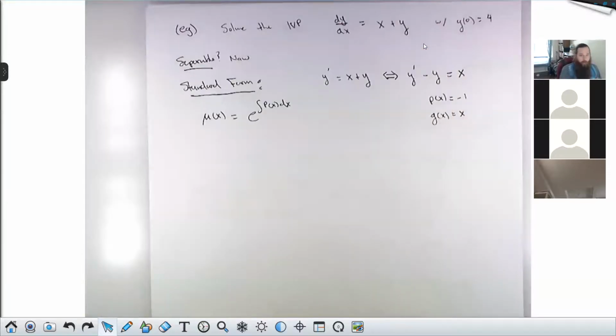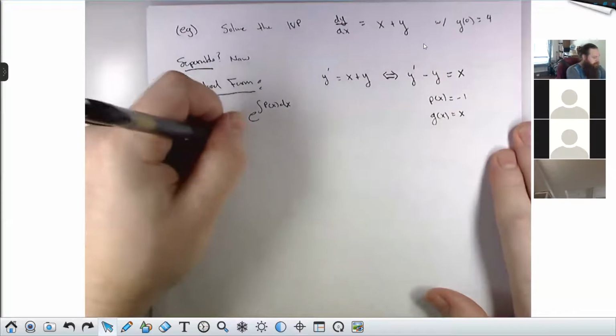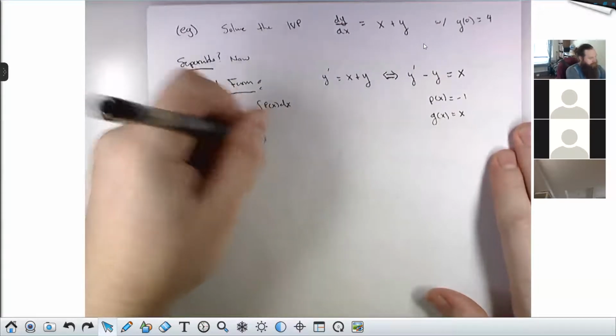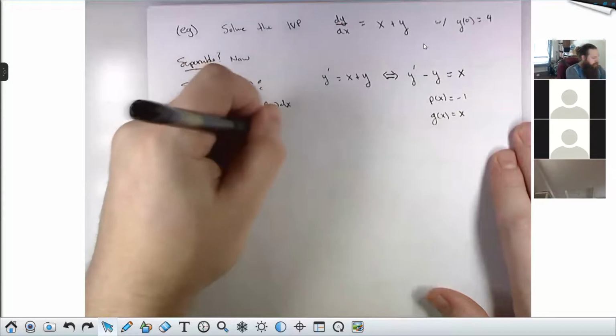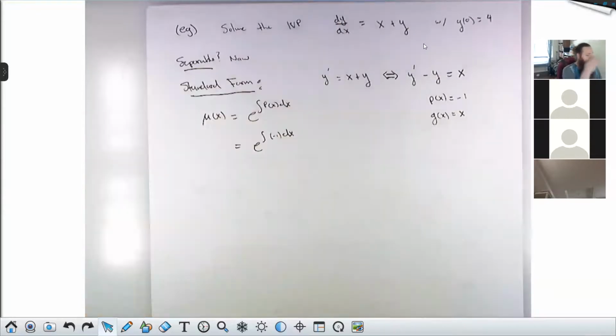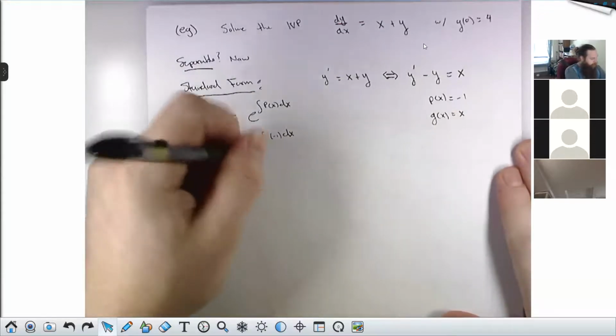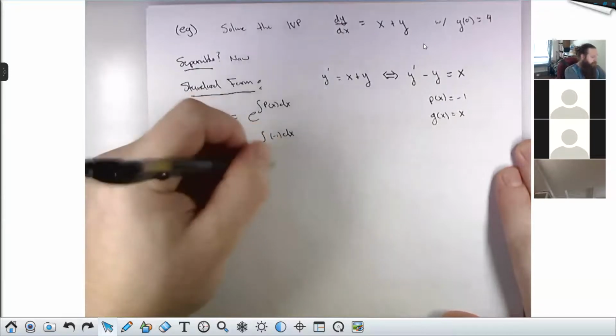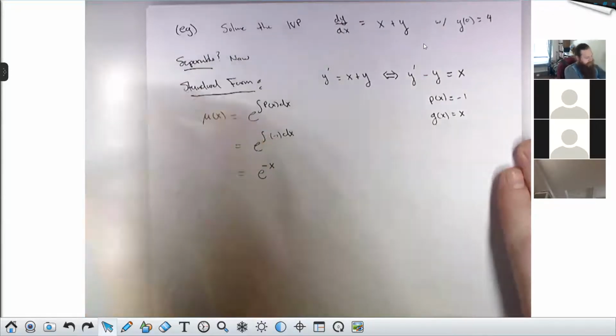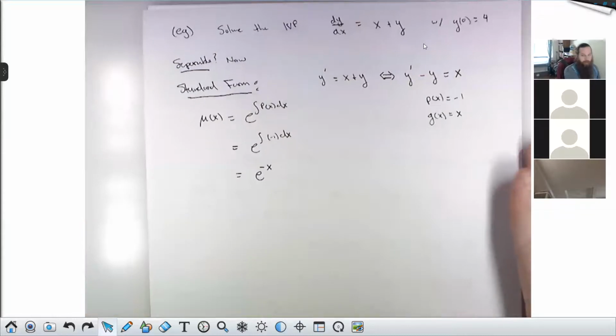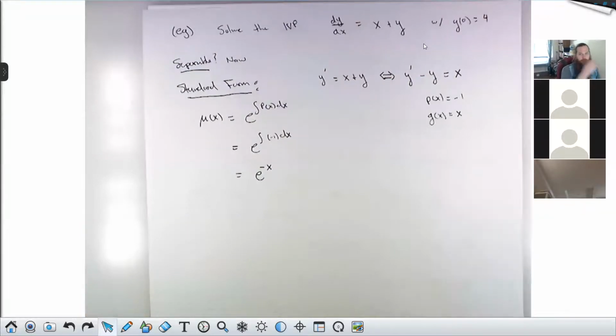Well, my mu is e to the integral p of x. That's e to the integral of -1 dx. P of x is -1. And the integral of -1 is just -x. So my integrating factor here is just e to the -x. And then I'm going to take this equation in standard form and multiply through by mu.